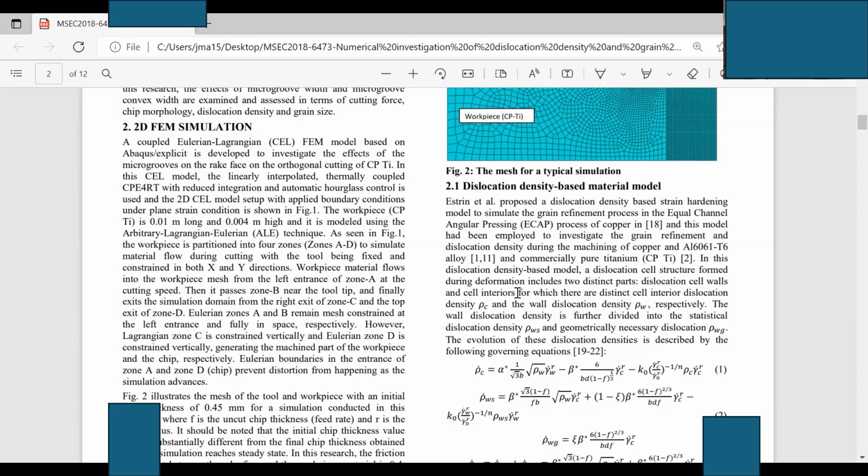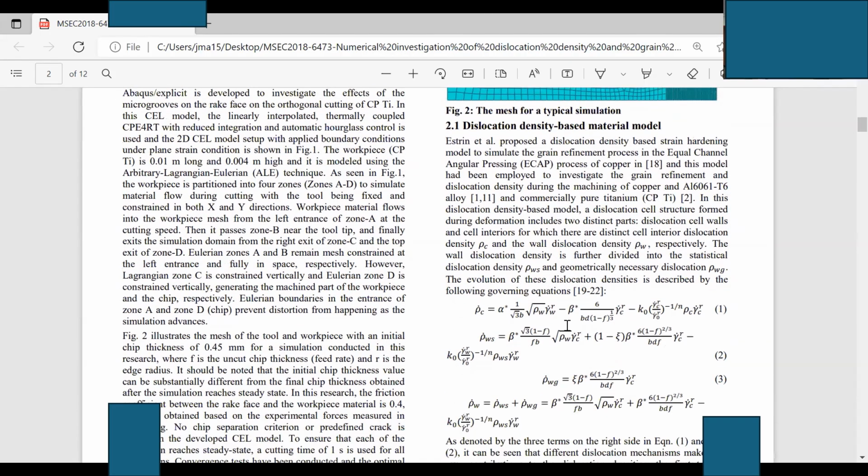Without mathematics, we can only float in the water, or we cannot dive to get the treasure. I always say mathematics is so important for engineering people, to know something about this distribution density-based material model.